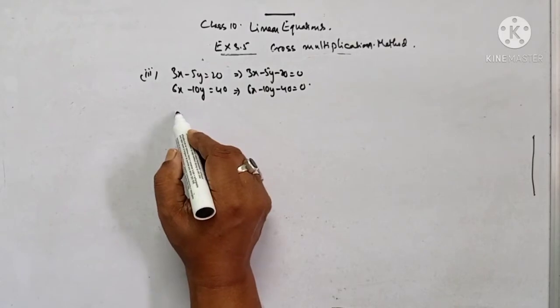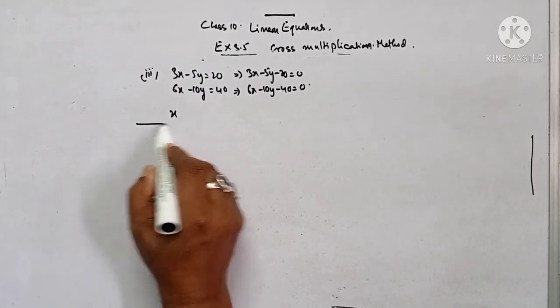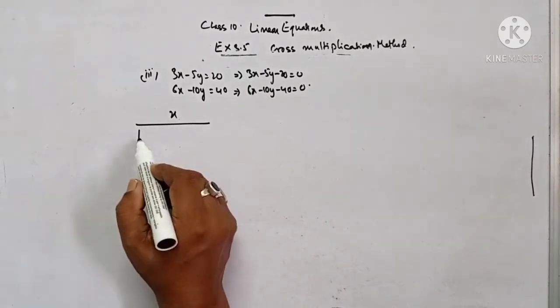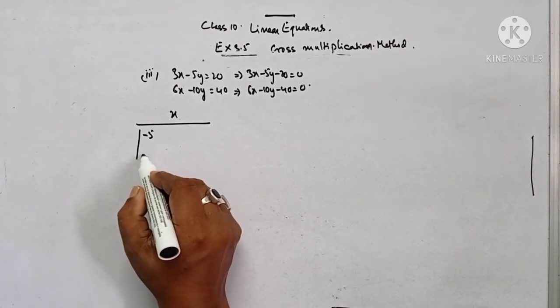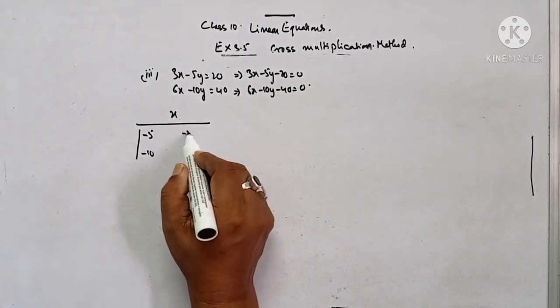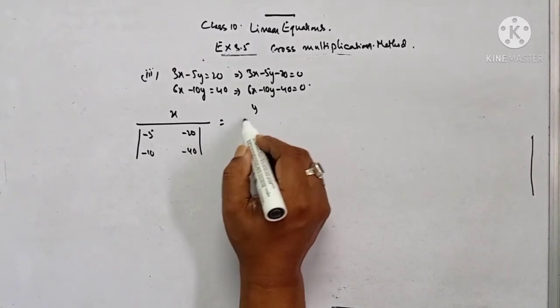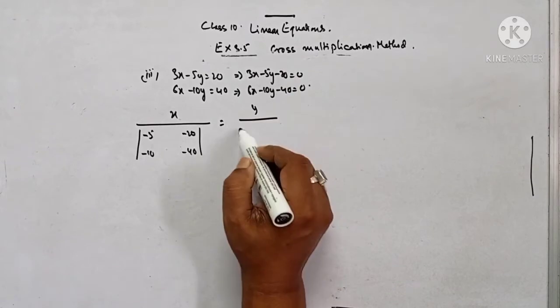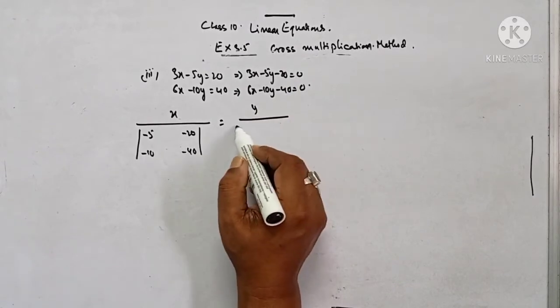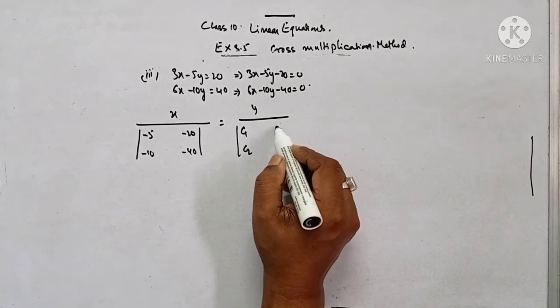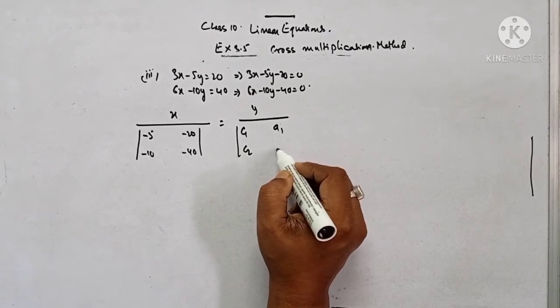So this is x by, it will be b1 b2 with sign, minus 5 minus 10, minus 20 minus 40. Y by, this will be y by c1 c2 and a1 a2.